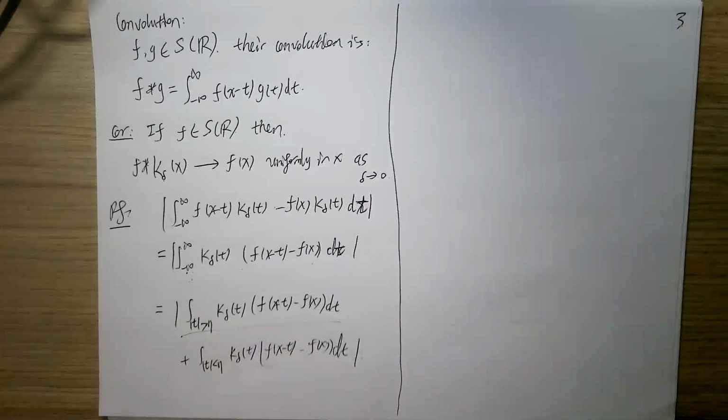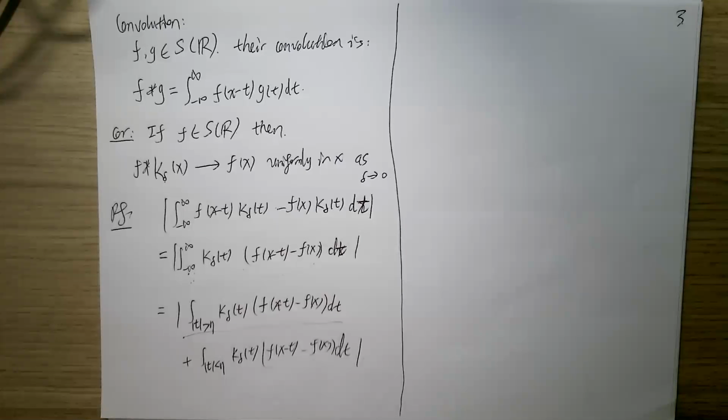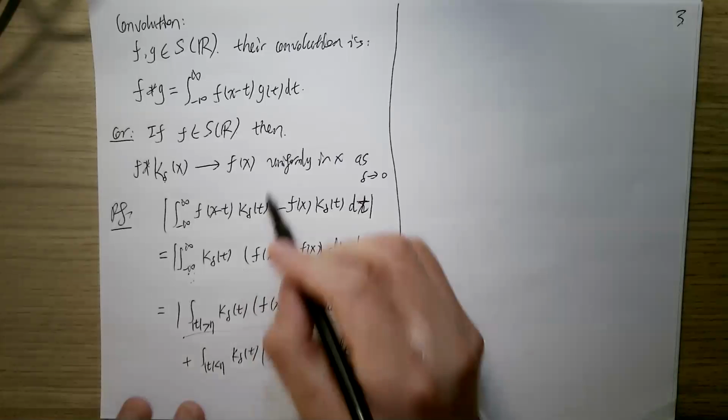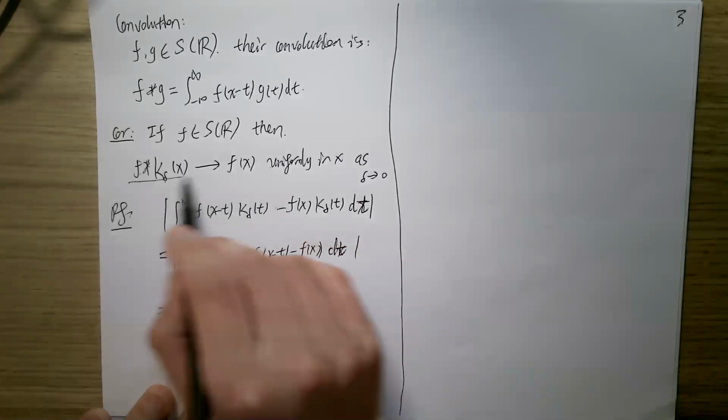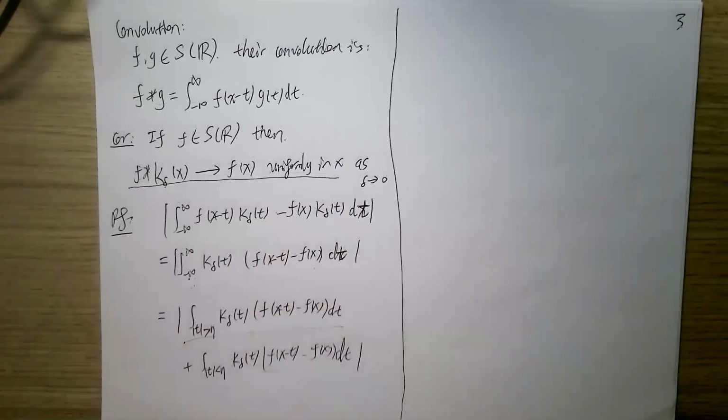Then if t is not very big, what we really want now is that f(x - t) and f(x) should be very close if t is very small. But if we really want to say this, what we want to say is that for arbitrary x, this f(x - t) minus f(x) should be very, very small, because you want to say this convergence is uniform in x.